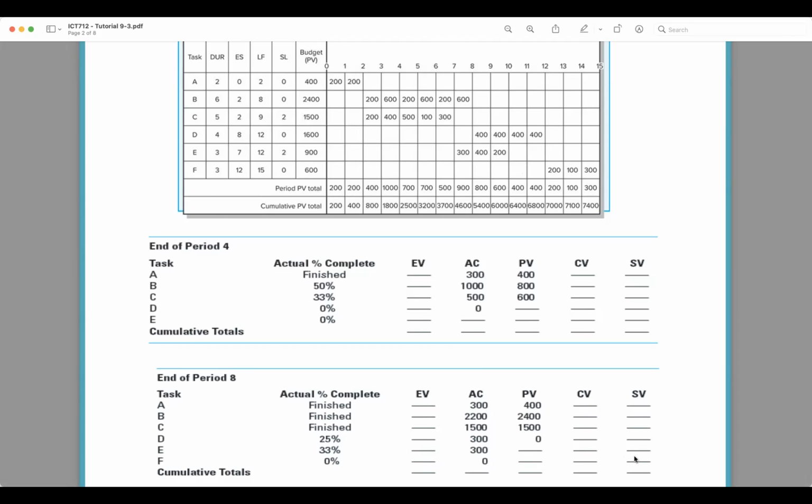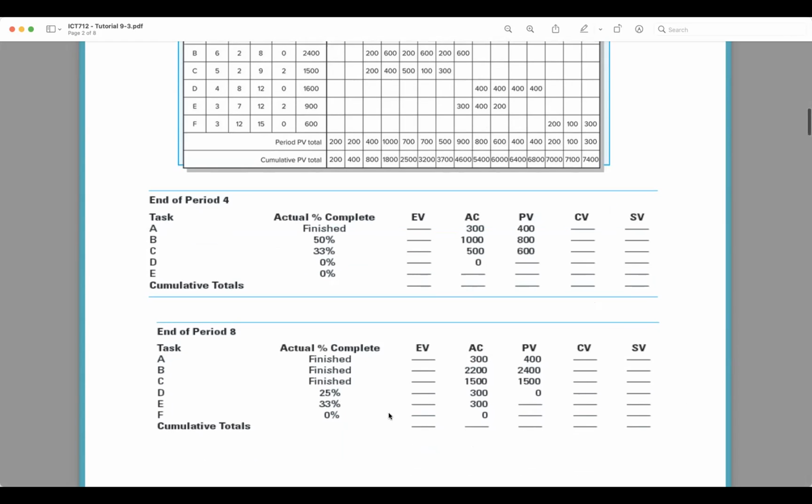Okay. Can you guys tell me what the totals are? $5,000. Okay, that's 5,000. That's correct. This one here. What about the actual cost? What's this? 2600.